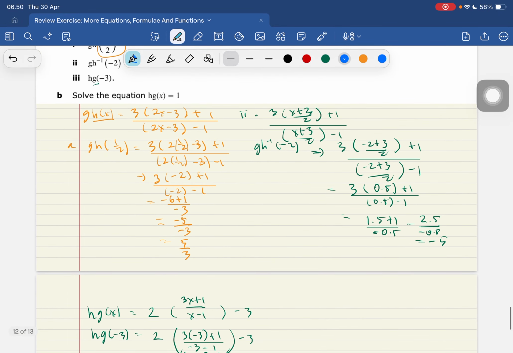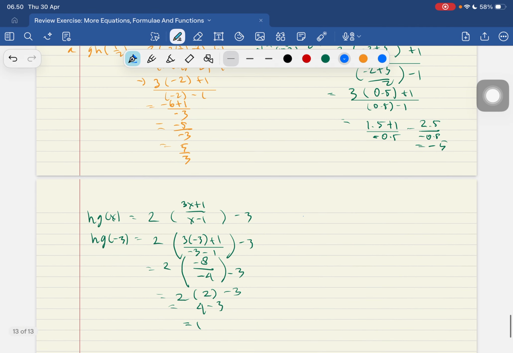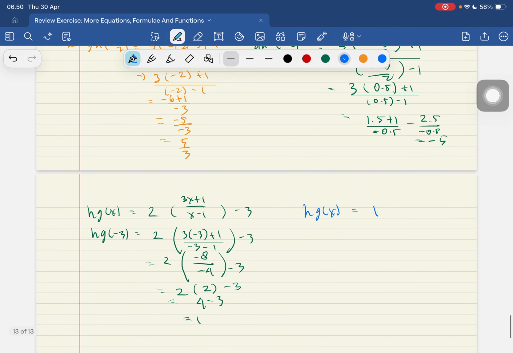Okay, here is the last question. HG of x equals 1. What is HG of x? This is 2 times 2x plus 1 divided by x minus 1, minus 3, equals 1.